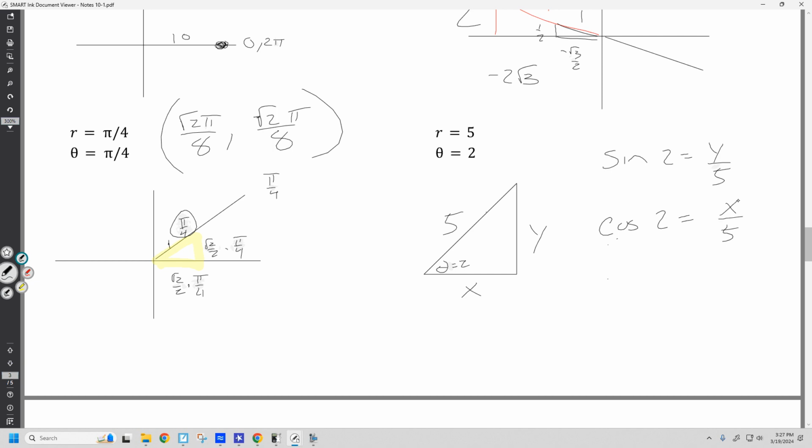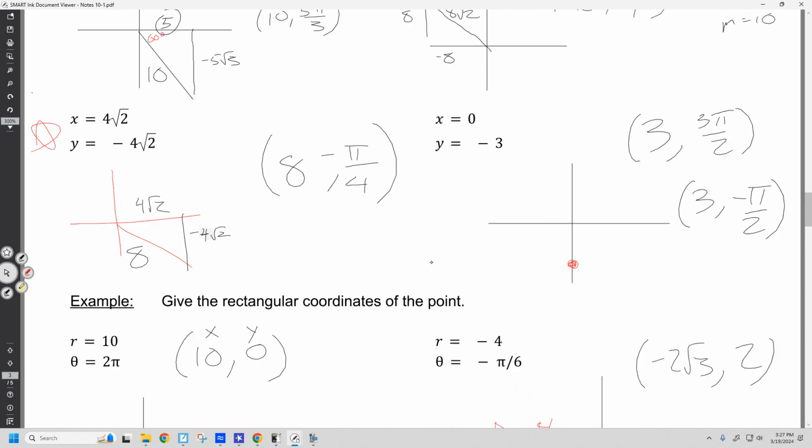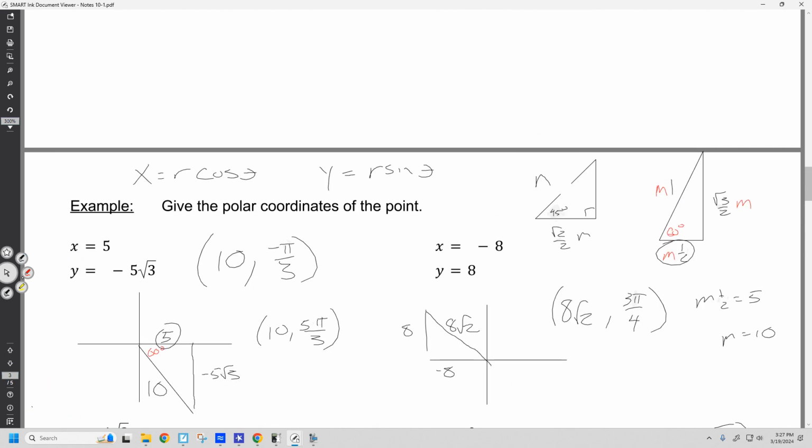This, guys, is actually what is going to be more important moving forward, on the last page of your notes. The fact that r cosine theta is an expression of what you have been doing with your triangles. You found your unit ratio in a unit triangle and you scaled it.